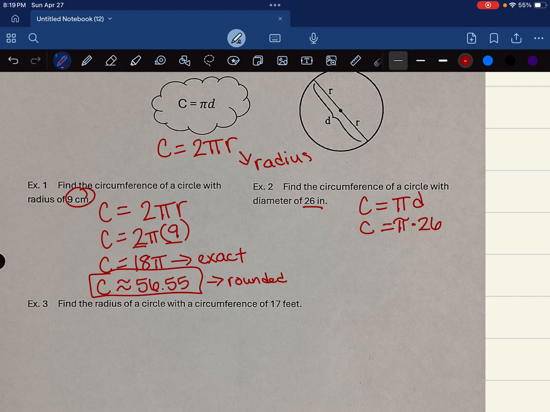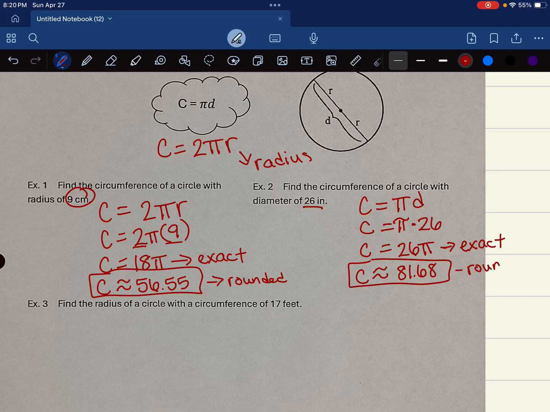To write it correctly, we're always going to put the number first and then pi second. So again, this is our exact answer, 26 pi. And if we want a rounded answer, we type in our calculator 26 times pi, and we would get approximately 81.68, which is a rounded answer.